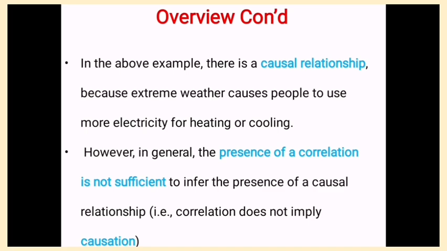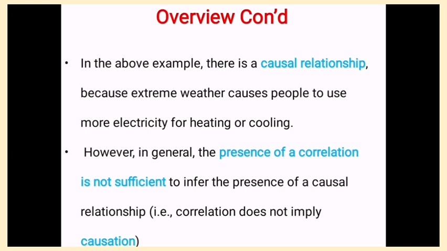Two variables. Okay, good. However, in general, the presence of correlation is not sufficient. If you want to understand better about two or more variables and how they affect each other, correlation wouldn't be sufficient.